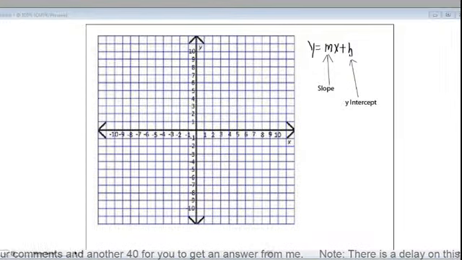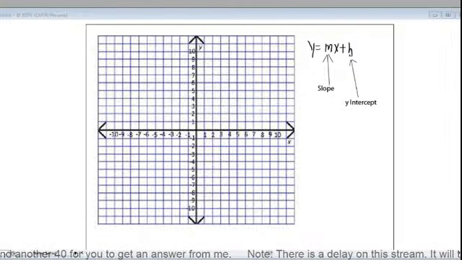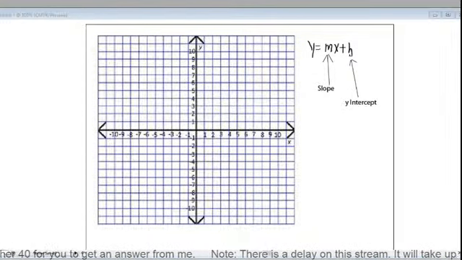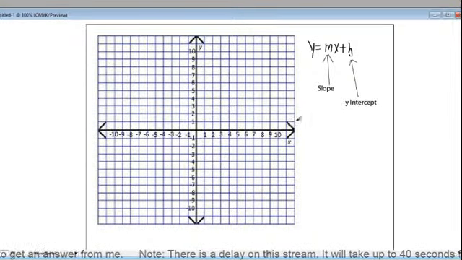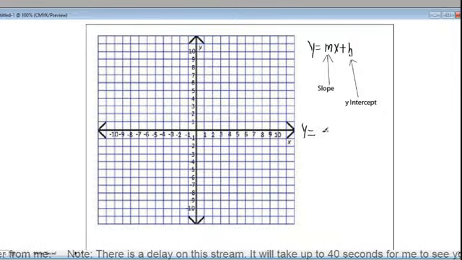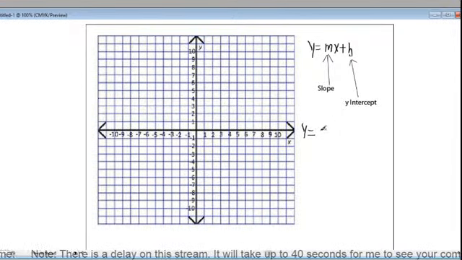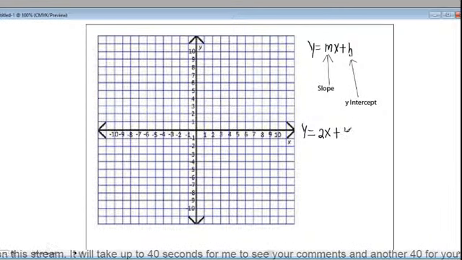So let's take a look at some linear equations that are in this form. I'll give us a random one, something like y equals 2x plus 4.